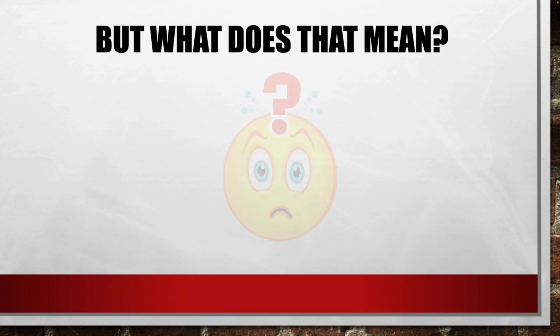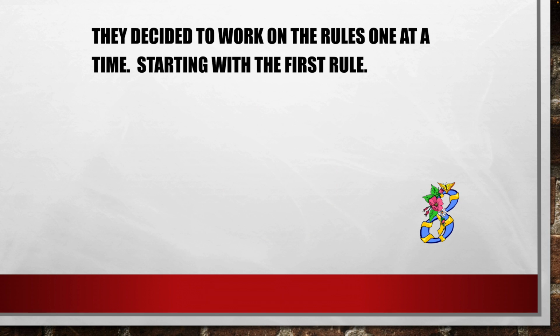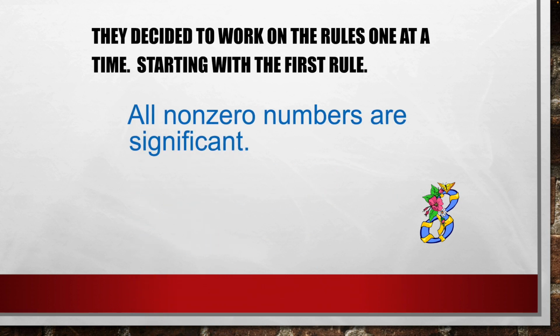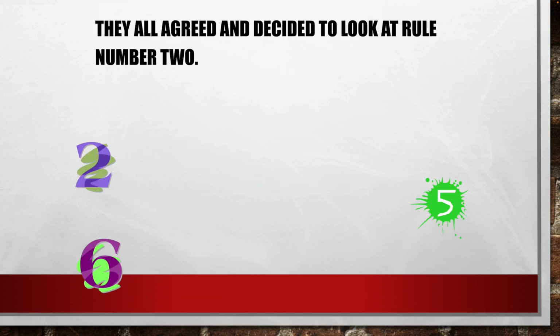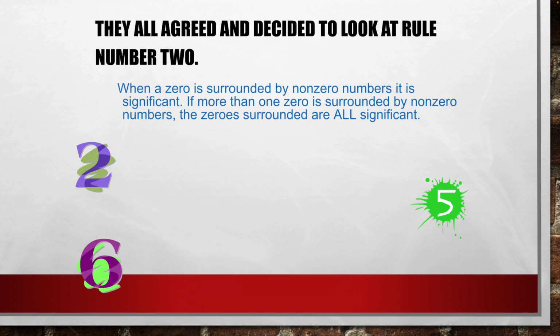But what does that mean? So let's break down each of those rules one by one. So the first rule, all non-zero numbers are significant. So this is why all of us that were not a zero got to go in, but the others didn't. Rule number 2 says when a zero is surrounded by non-zero numbers, it is significant.